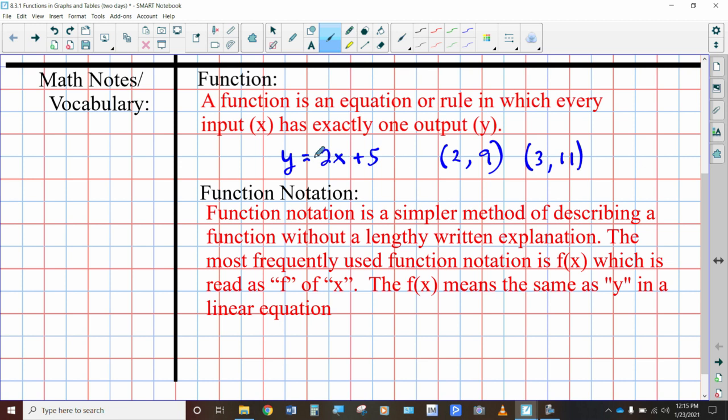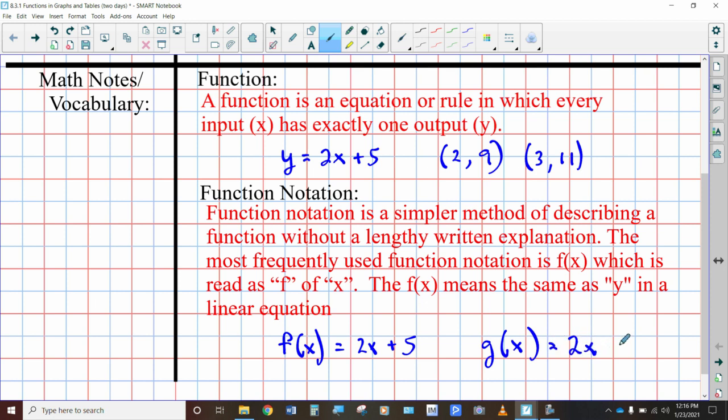So you're going to see how, instead of writing it using the slope-intercept form of the equation, we could just say f of x is equal to 2x plus 5. Or if this had something to do with gardening instead of just some generic rule, I might call it g of x, the g being a little reminder that this rule has something to do with gardening.